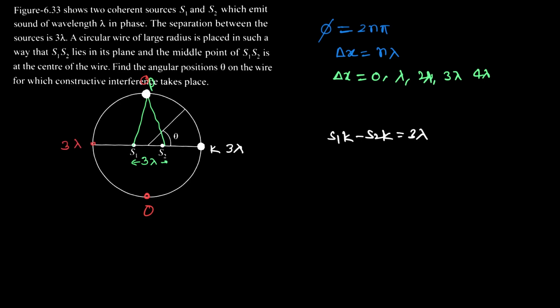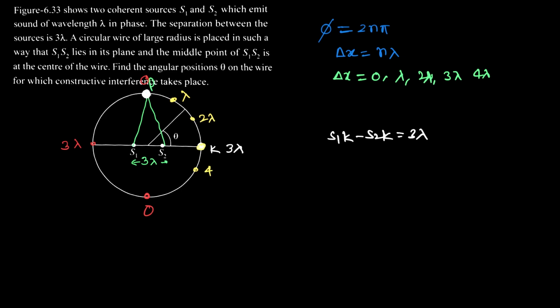It means if it is 0 path difference and we keep on moving clockwise, you see that one line will increase and another line will decrease. So in between it has to reach from 0 to 3 lambda, meaning in between we will get lambda, then 2 lambda, and at this point 3 lambda.